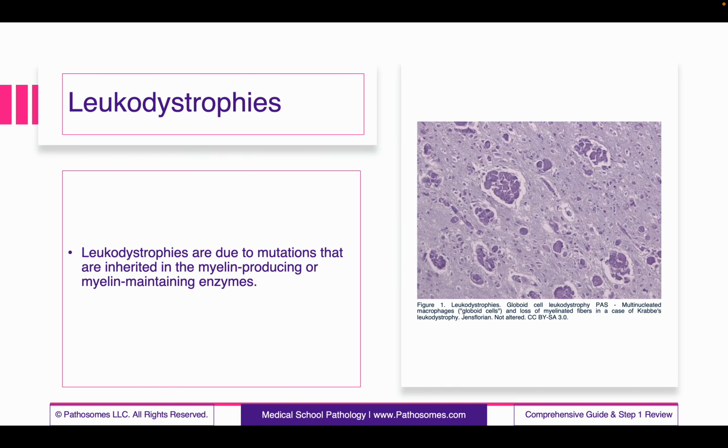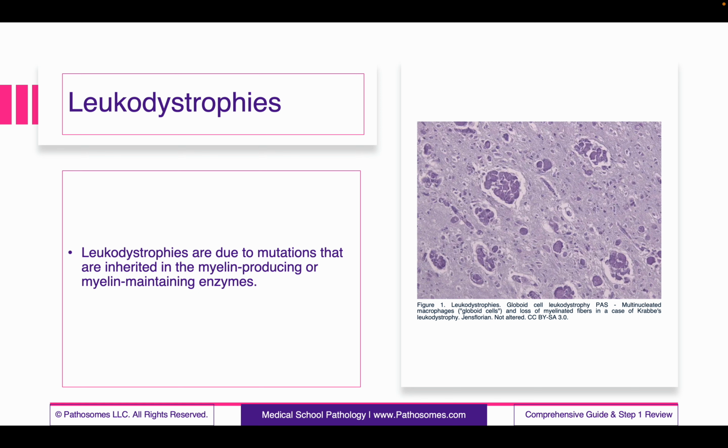Let's start with leukodystrophies. Leukodystrophies are due to mutations that are inherited in the myelin-producing or myelin-maintaining enzymes. To the right, we can see an image from a patient with Krabbe leukodystrophy.